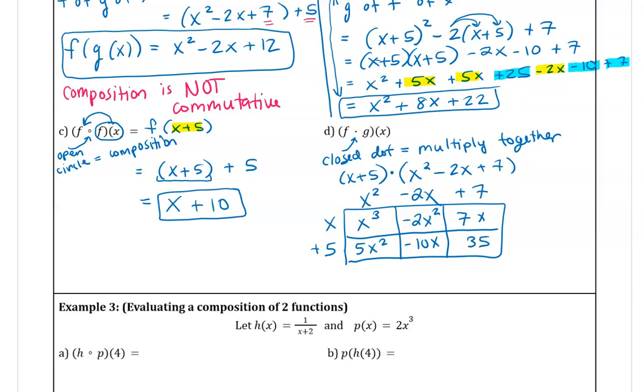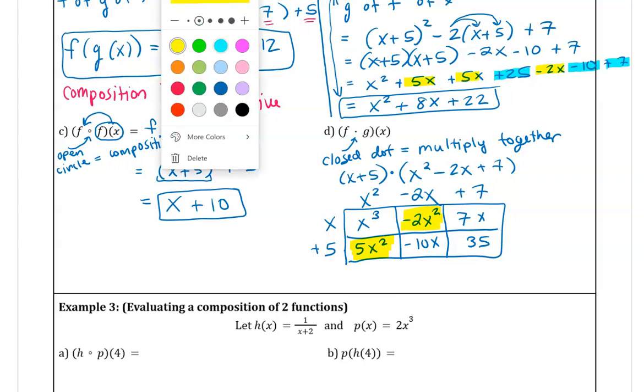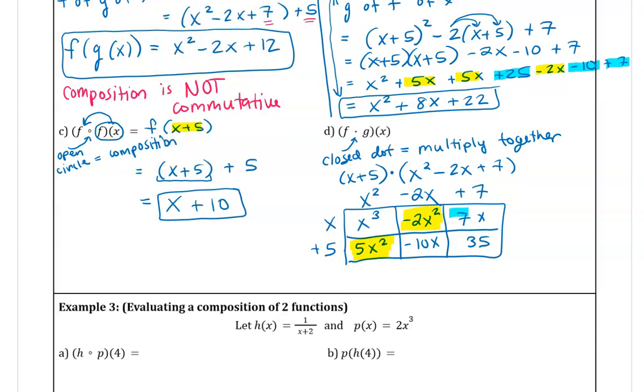Okay, so once I get all my terms, I notice the ones that are like terms, the ones that have the same exponent. So I have a negative 2x squared and a 5x squared, and then I have a 7x and a negative 10x, and I can add all of that up.